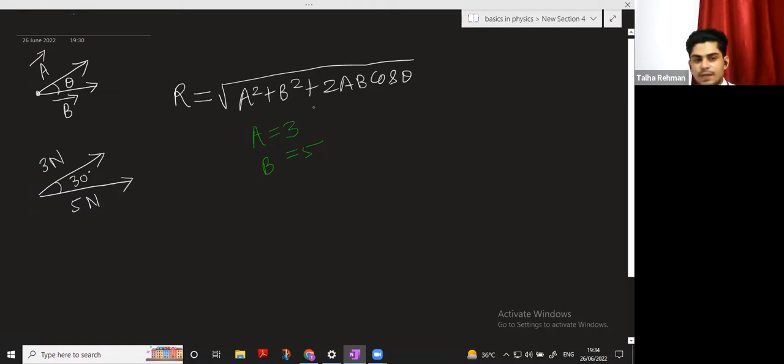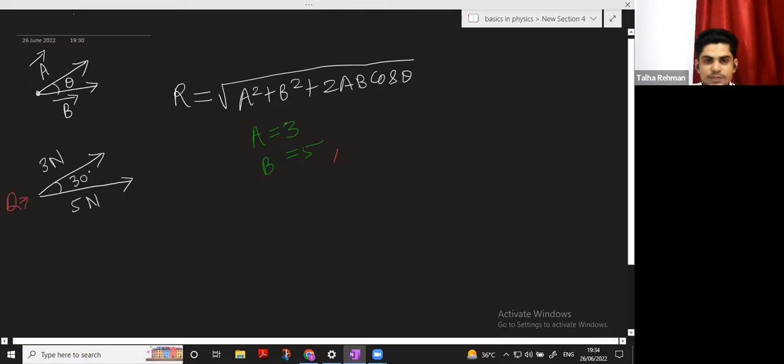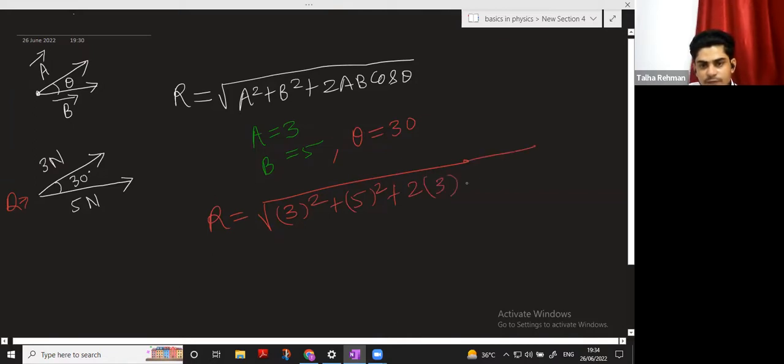Okay. And theta in this question is 30 degree. Now apply this formula. This will be 3 square, 5 square plus 2. What is the value of A? 3. And after that 5. And after that cos. Actually, you should take an angle here 60 degree. This is 60 degree. Okay. Cos 60.